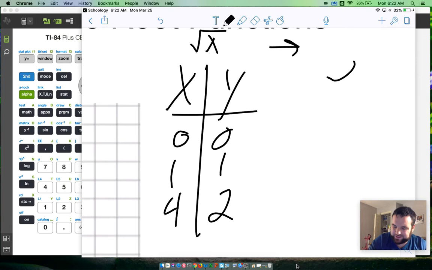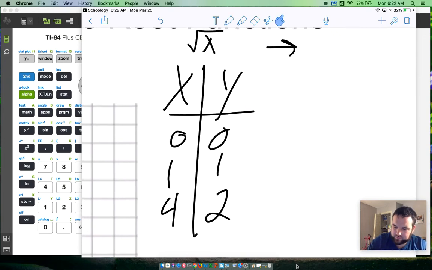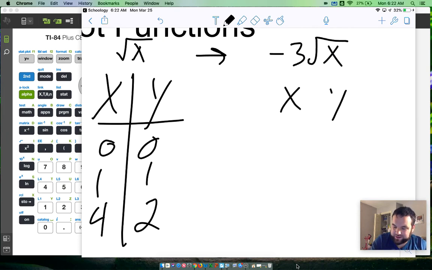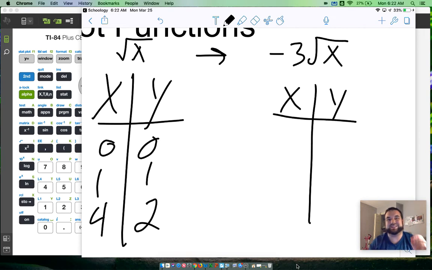Then to get it into -3 root x, okay, -3 times the square root of x, we know that that -3, again, it's not underneath the radical, so that is a multiplier to my y coordinates. I'm going to keep the x values the same, right? The domain for both of these is the same. That -3 doesn't change the fact that I can't plug in a negative number underneath the square root because I'm square rooting a negative.